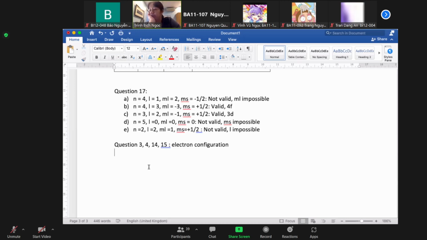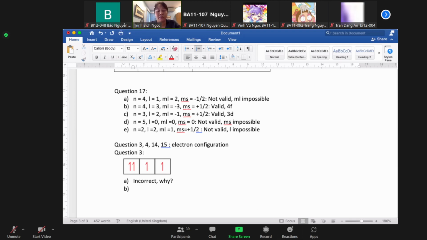Question 3. You have a diagram of an orbital like this. Okay, so we know it is incorrect. Why?